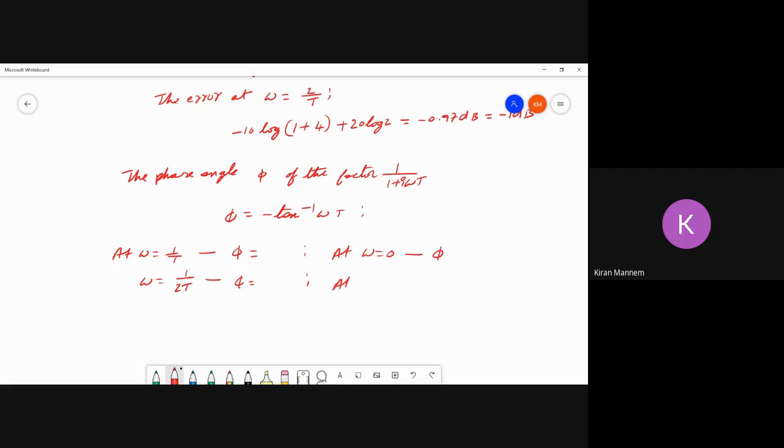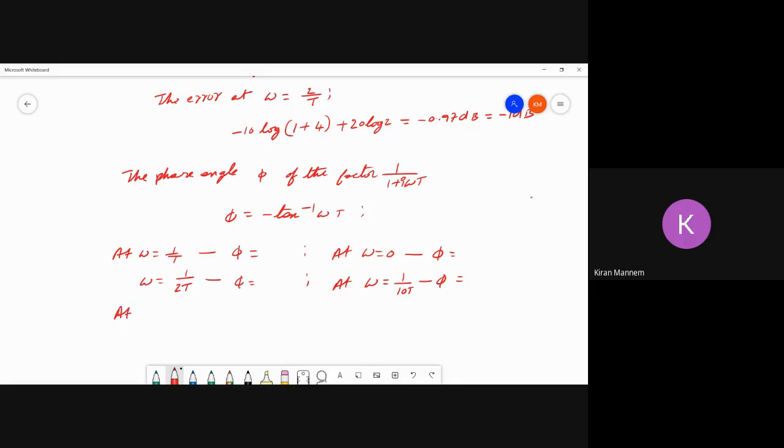At omega equal to 1 by 10t, that is we are going down, what's the phase angle? Right. And at omega equal to infinity, obviously it is minus 90 degrees, and at 2 by t it is minus 63.4 degrees. Let us write it here.